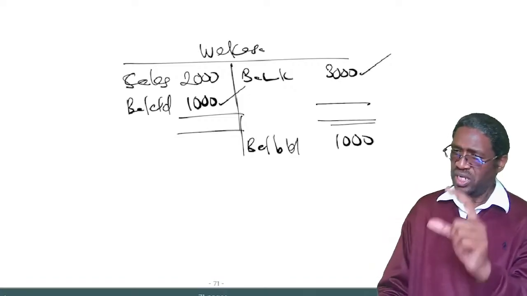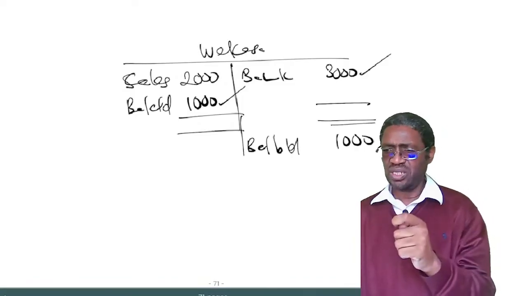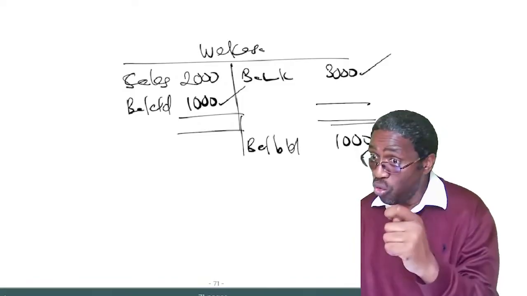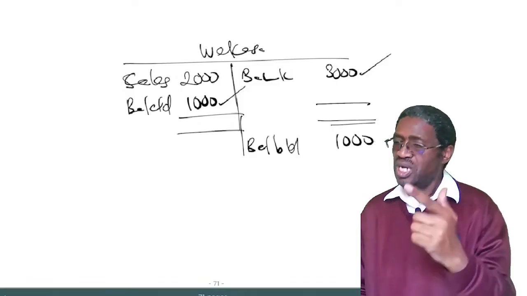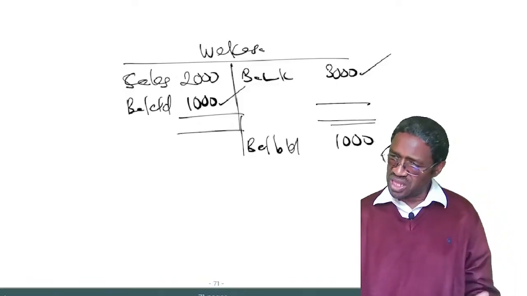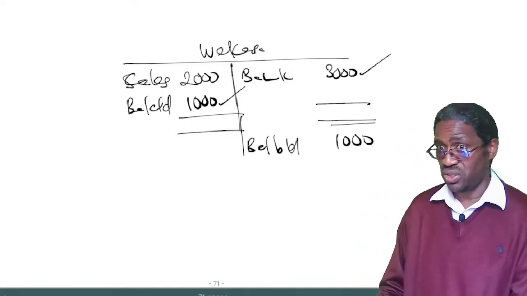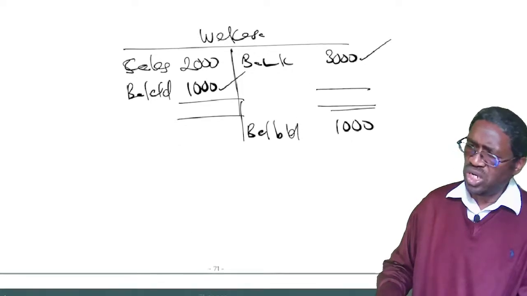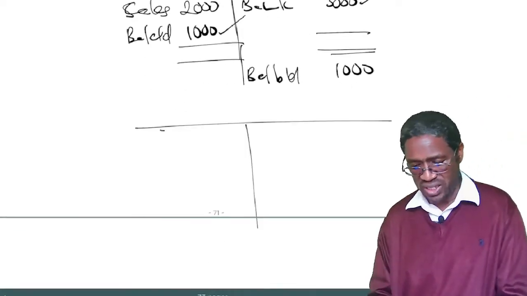Listen, it shows an amount that we as a company now owe to Wekesa. Wekesa does not owe me 1,000. We owe Wekesa 1,000.